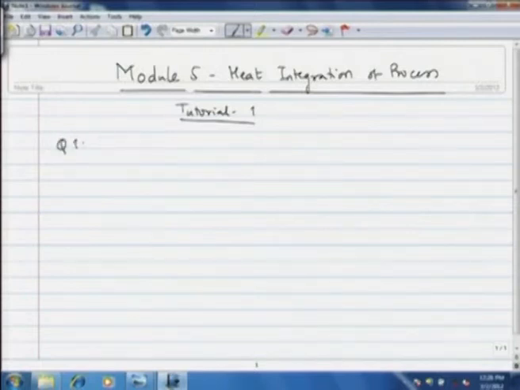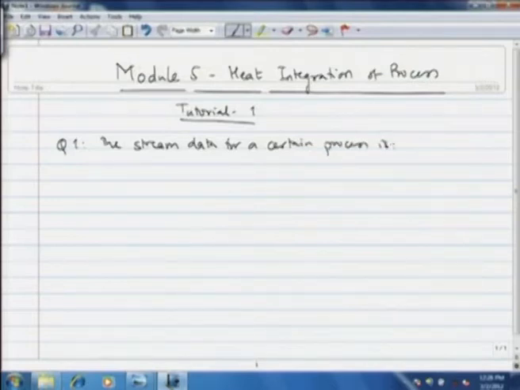The stream data for a certain process is as follows. There are two hot streams and two cold streams plus a hot utility and cold utility.